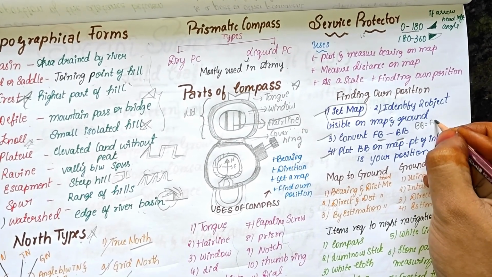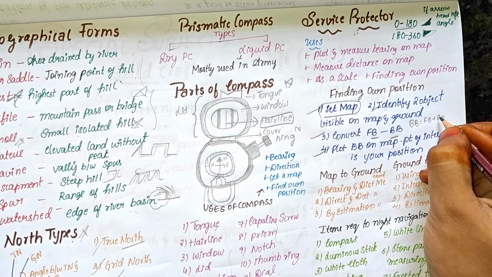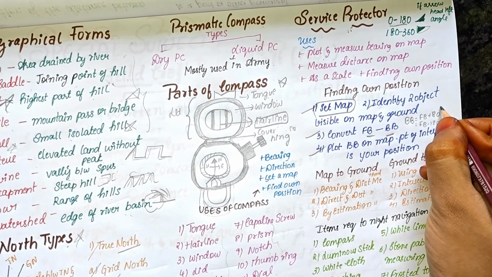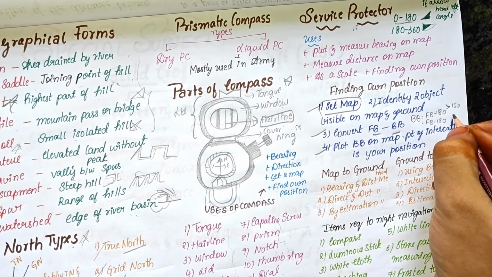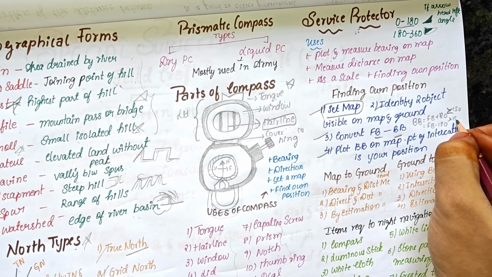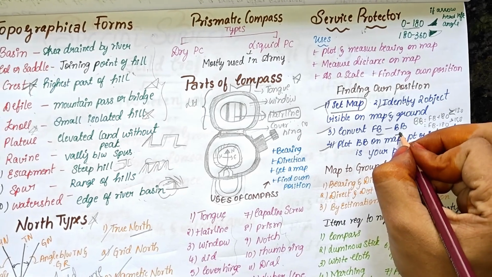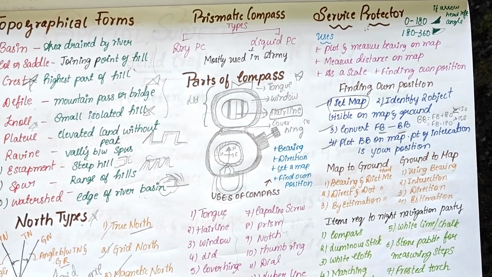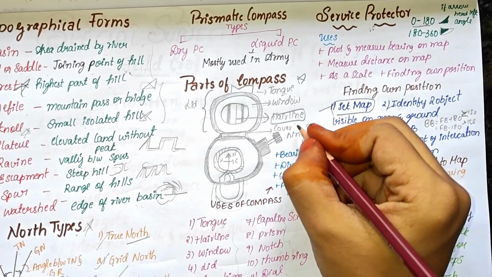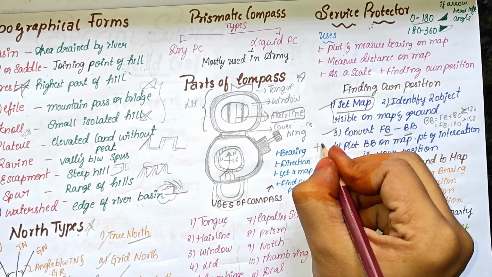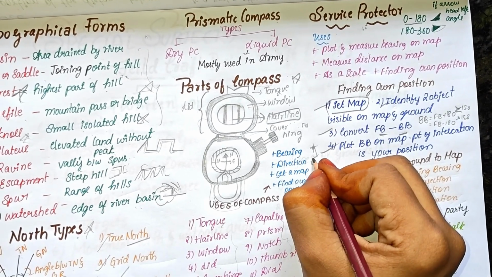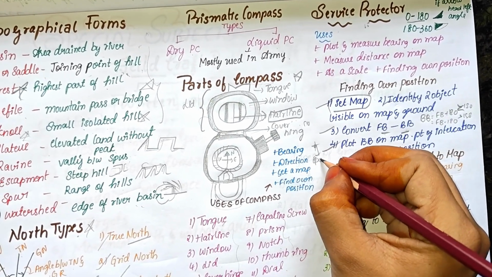So forward bearing plus 180 in case it is less than 180, and forward bearing minus 180 in case it is more than 180. You have to convert the forward bearing to back bearing. Then, draw the back bearing on the map; there will be a point of intersection. This point of intersection is the position we wish to find.